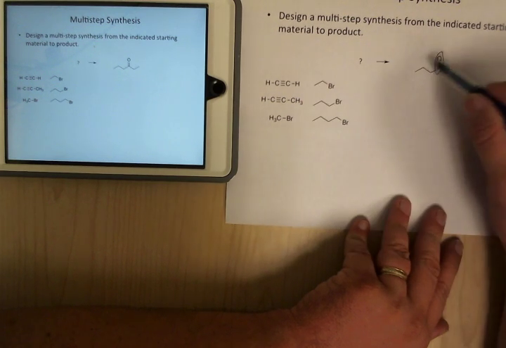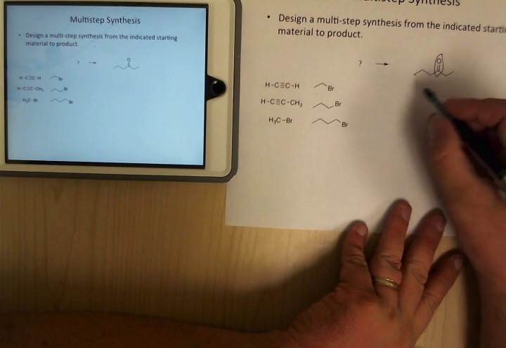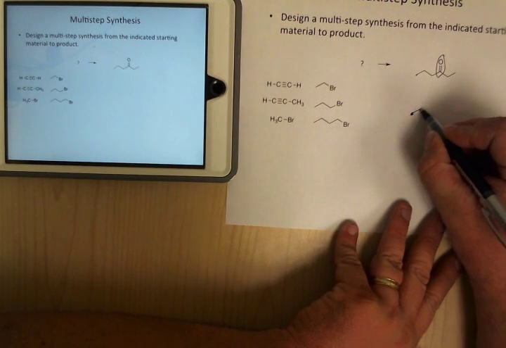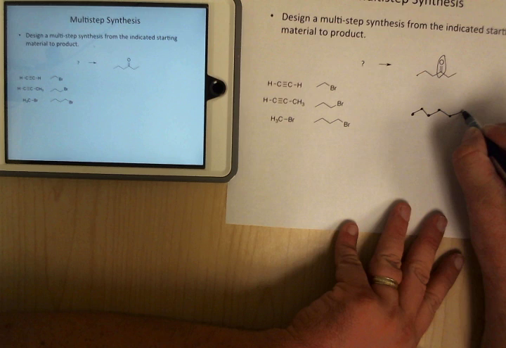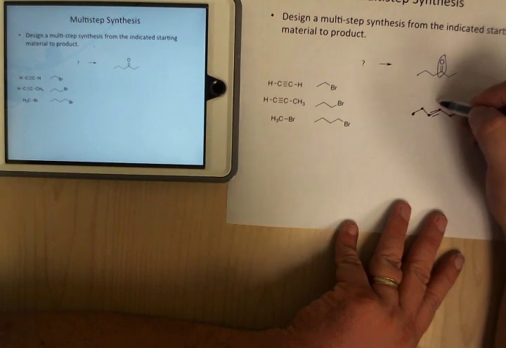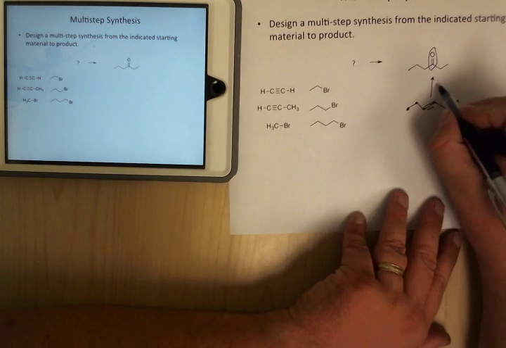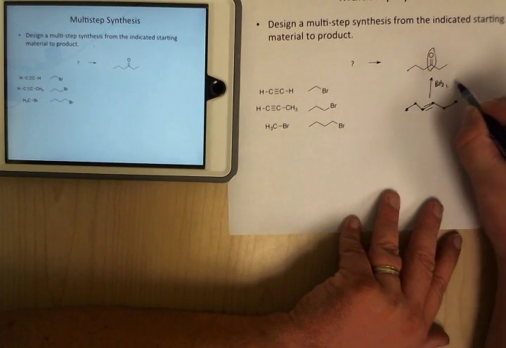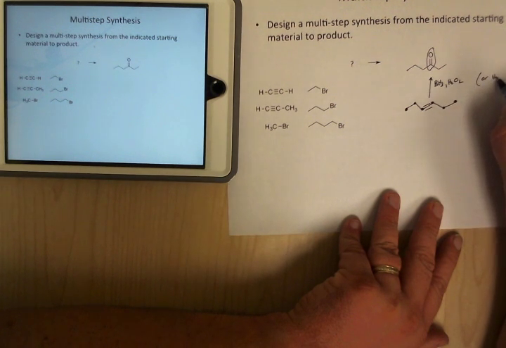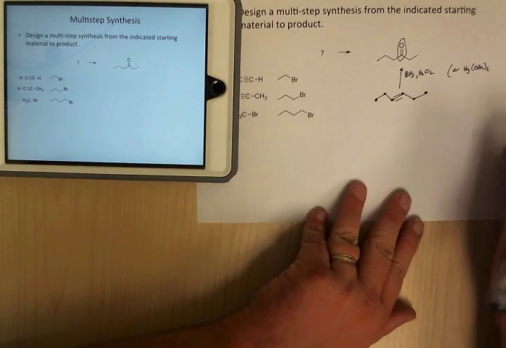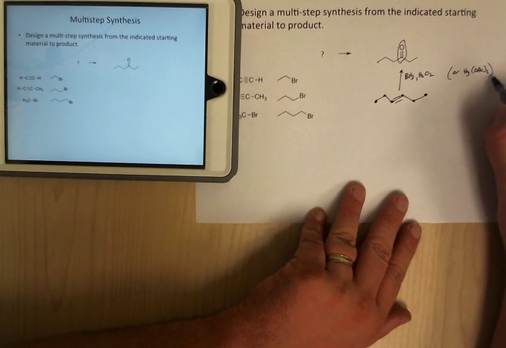So like that. So what you do is you say, okay, irrespective of anything that happened before, the way we probably want to do this is to make a triple bond and go in like this, right? And I'm from Purdue, so I prefer hydroboration. But you could also do the mercuric acetate, okay, and that'd be fine.